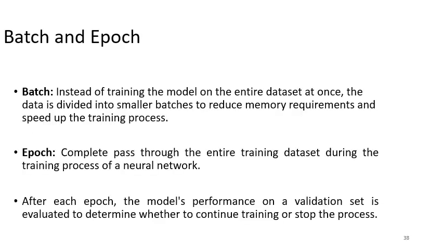In the training process of a neural network, there are some concepts to know. The concept of batch involves dividing the entire dataset into smaller, more manageable batches. Instead of training the model on the entire dataset at once, it processes a subset of the data during each iteration. This approach serves to reduce memory requirements and expedite the training process.